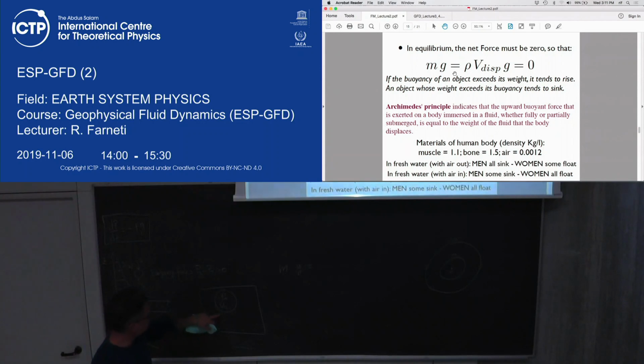So this object is not sinking and is not rising into the atmosphere or into the ocean. It's static. So the buoyancy force that is trying to lift the object is equal to the weight of the object. So mass times gravity is equal to density times the volume displaced, which is, in this case, the total volume, times gravity.